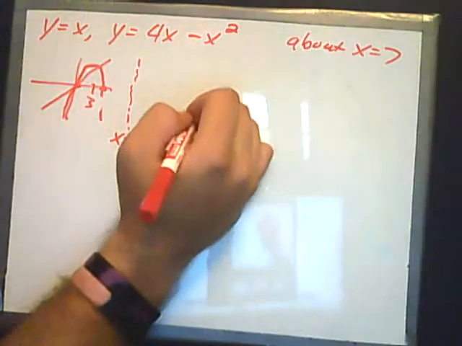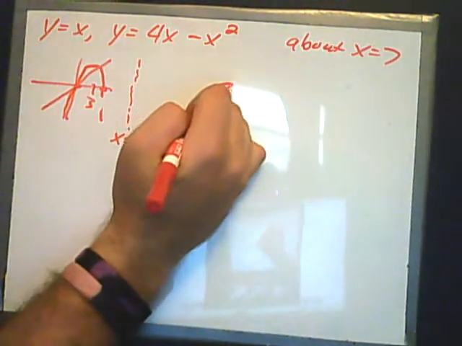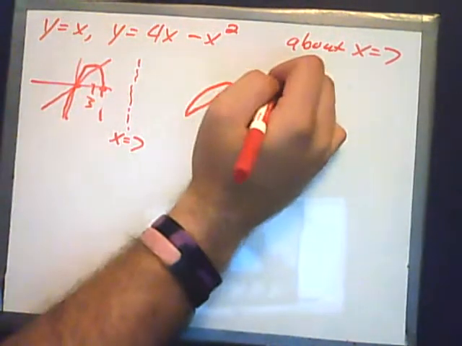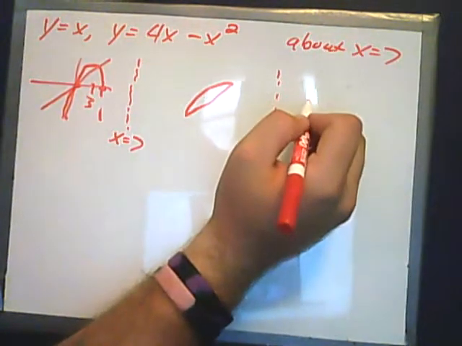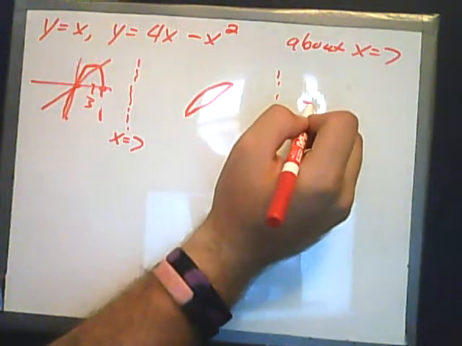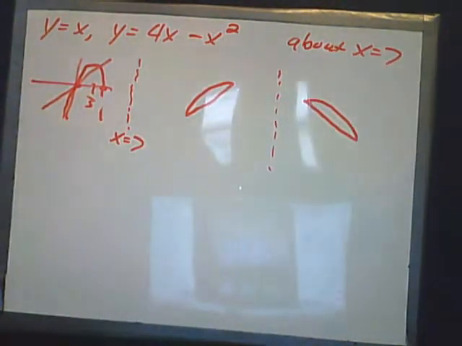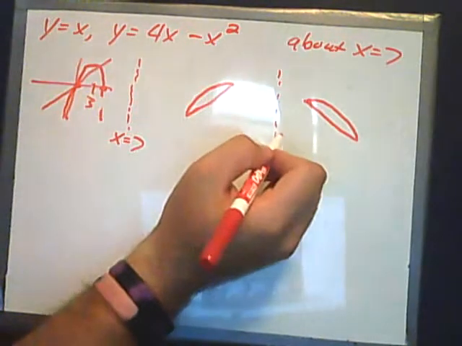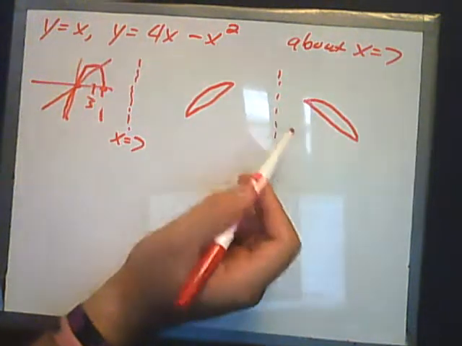Alright, so now we've got something that originally looks a little bit like this, and we're rotating it over here about some other line, x equals 7, so we're going to have another straight line and then something like this. Not quite symmetric, but it's pretty close. So we're doing the shell method, so we're going to make parallel cuts.